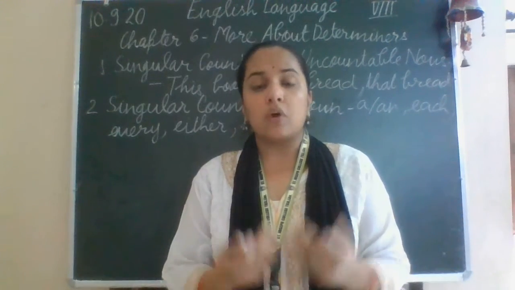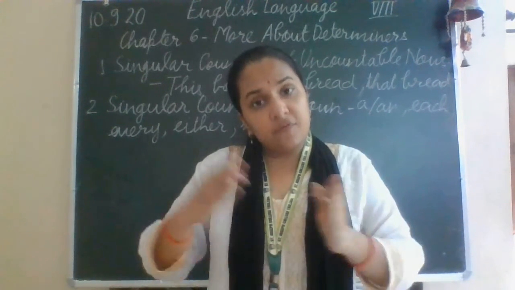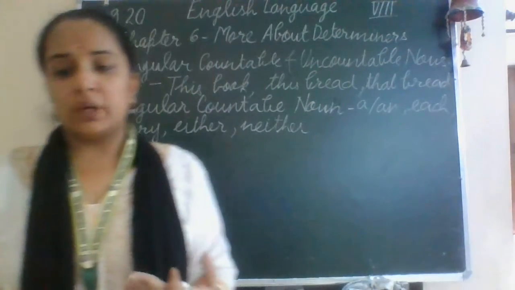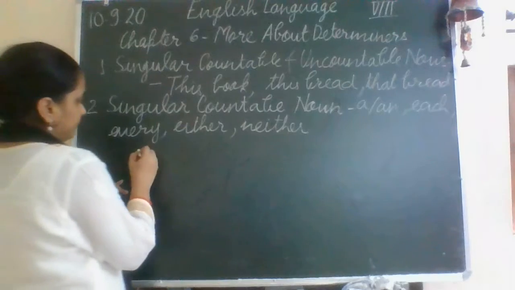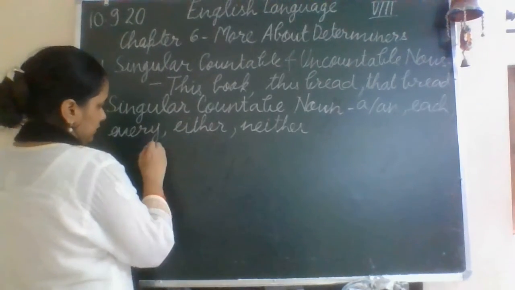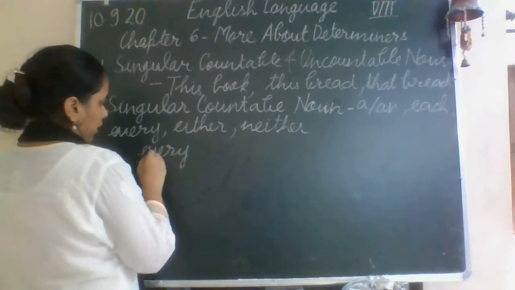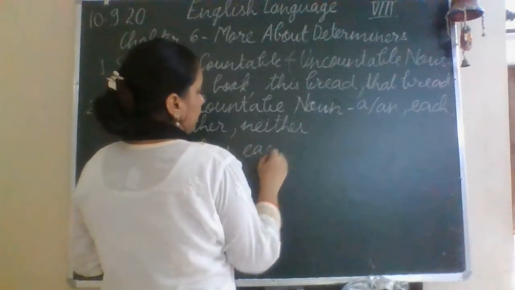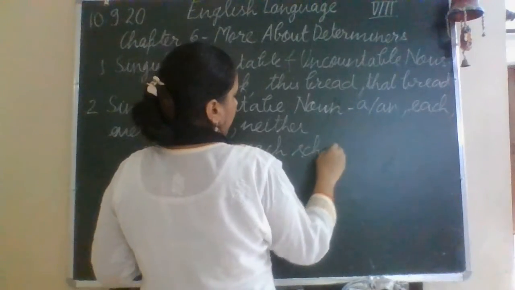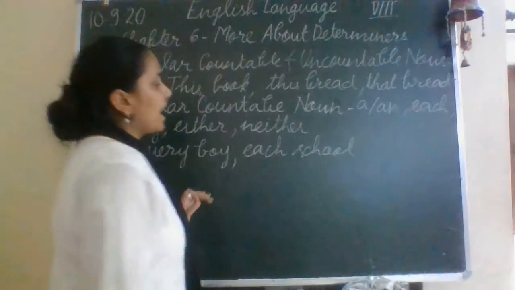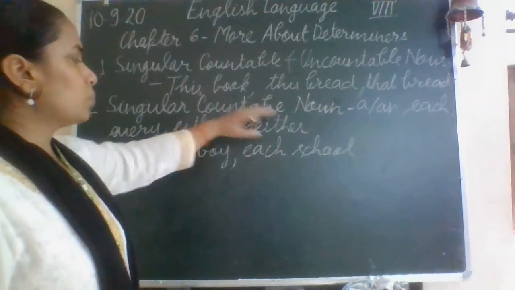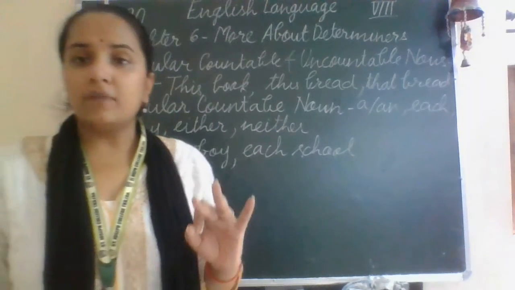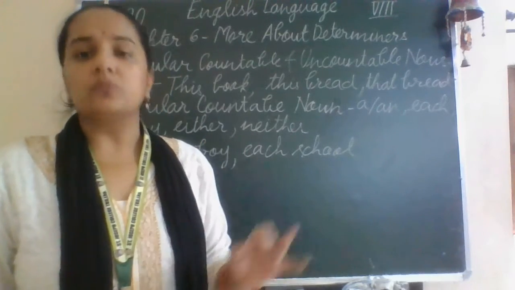Among the members of a group, I'm talking about everyone in particular. So each school, each student, every boy. These can be the examples that whenever we are using these, they can be used only with the singular countable noun.